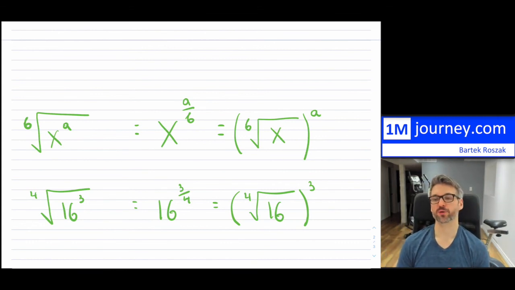Both of them give you exactly the same answer, and you can see which one is easier to work with. In my opinion, it's probably this one that's easier to work with, because the 4th root of 16 is 2, and then 2 to the power of 3 you can get is 8. Looking at the other one would have been a little bit harder to do.